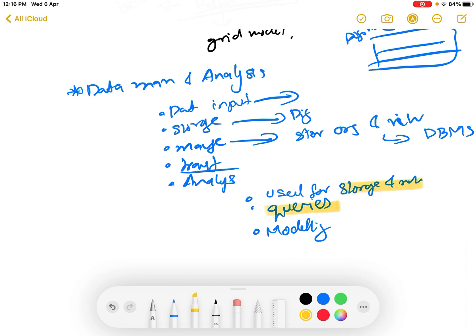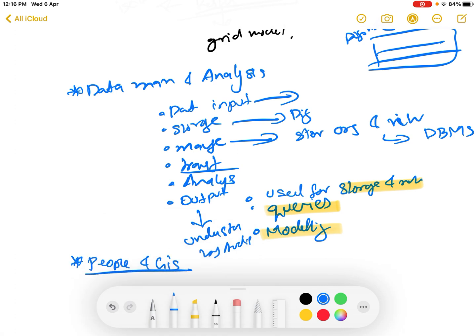Then we have the modeling procedures. So this is data management and analysis. Then there is something called data output. In data output, we are presenting the data in a way that is understandable by the audience.